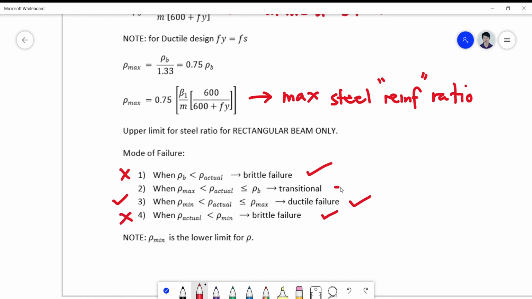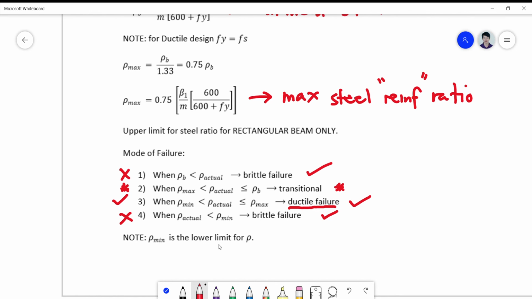And this is a transition stage. Sometimes we can allow this, but it's better if we have this as your condition to make a ductile mode of failure.